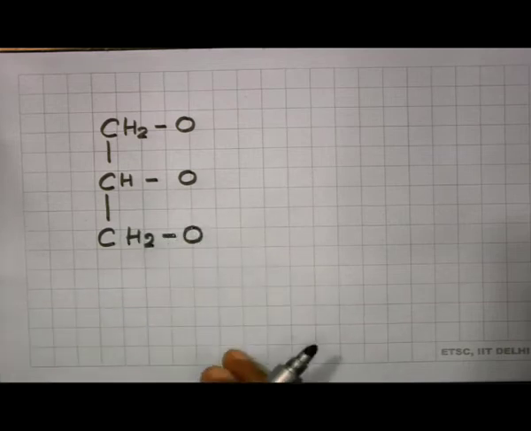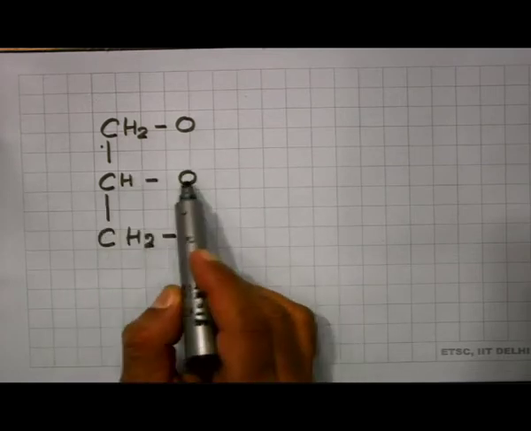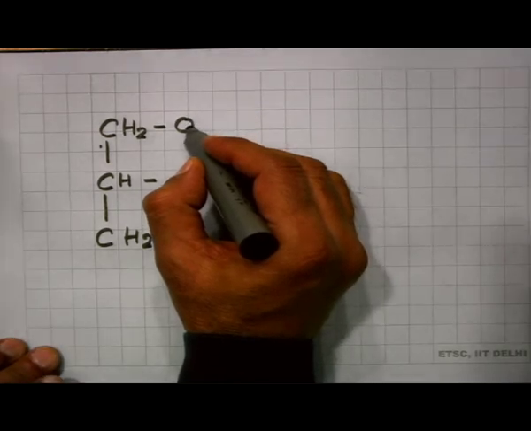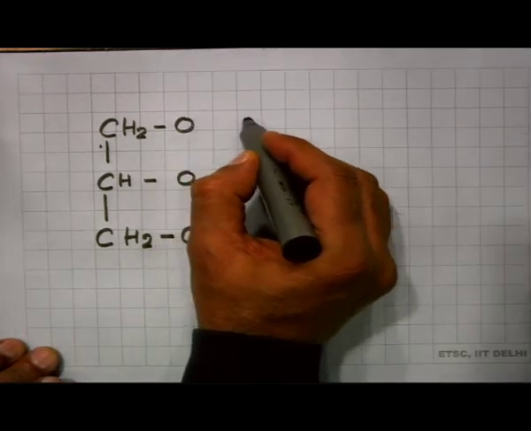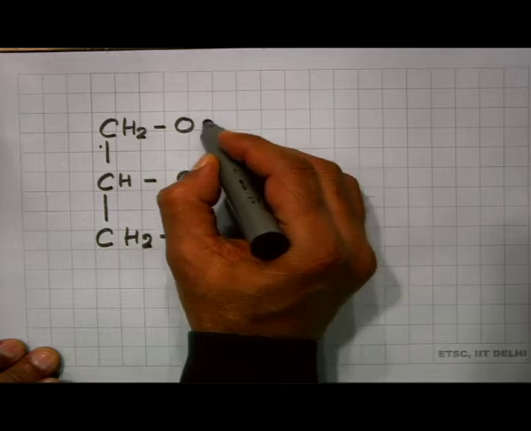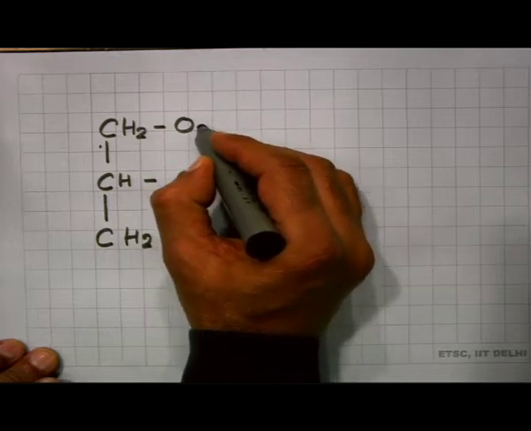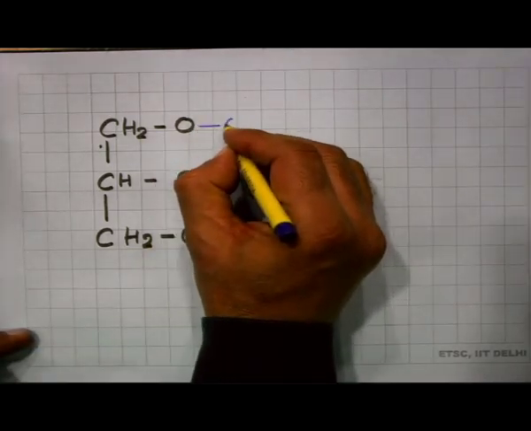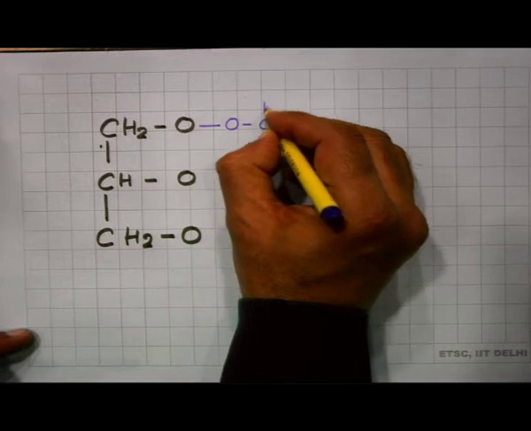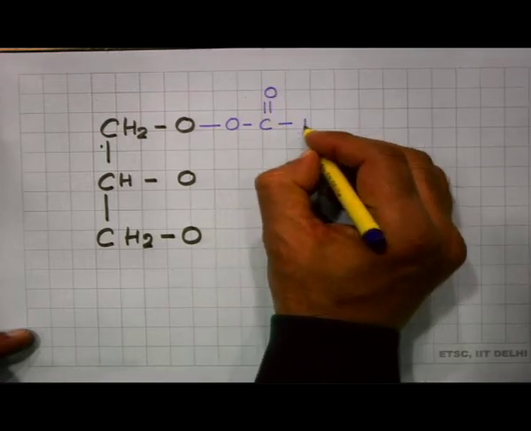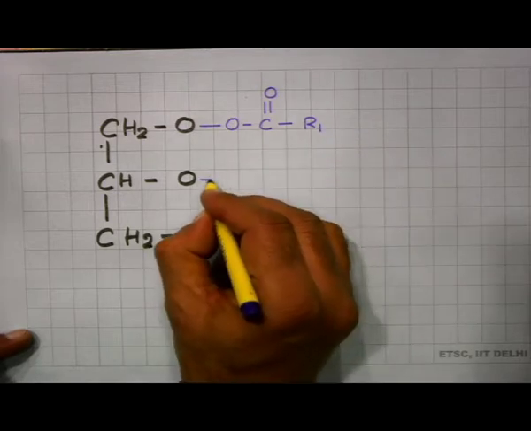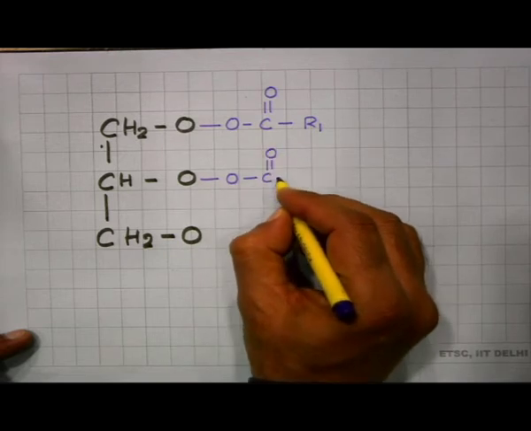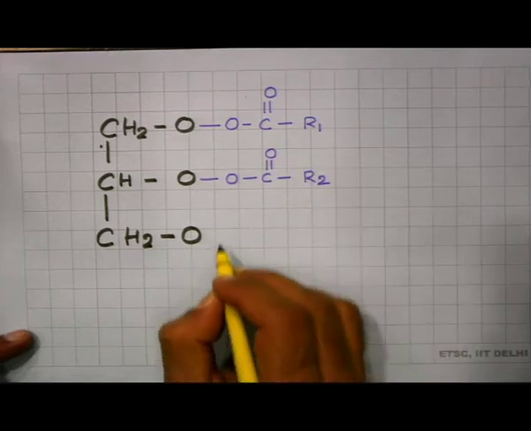We have seen in the triglyceride CH2OH, CHOH, CH2OH, here H is hidden, then this H and OH of the fatty acid are going to be combined, and here you can easily write O, C double bond O, that is R1. The same can be repeated here: O, C double bond O, R2. This is the same structure.